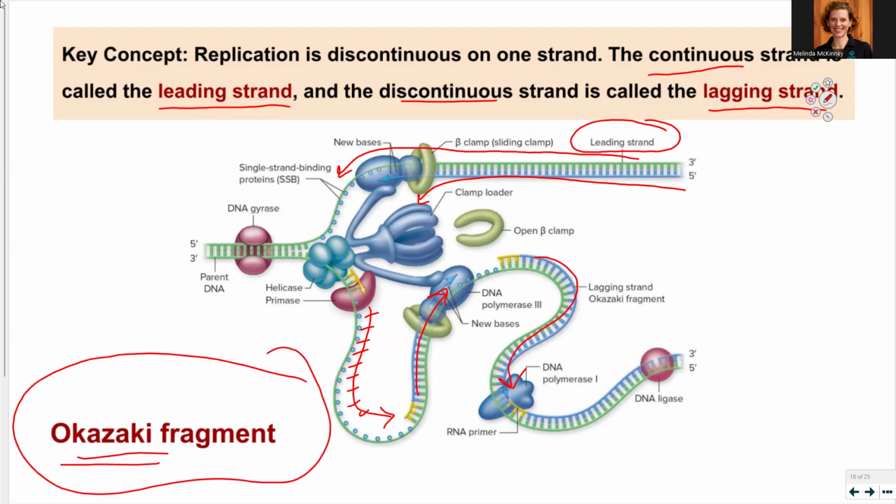This is the name of a Japanese married couple of scientists that initially identified these. And ligase is the enzyme that will link these together. All right, so that's it for the enzymatic structure of DNA replication.